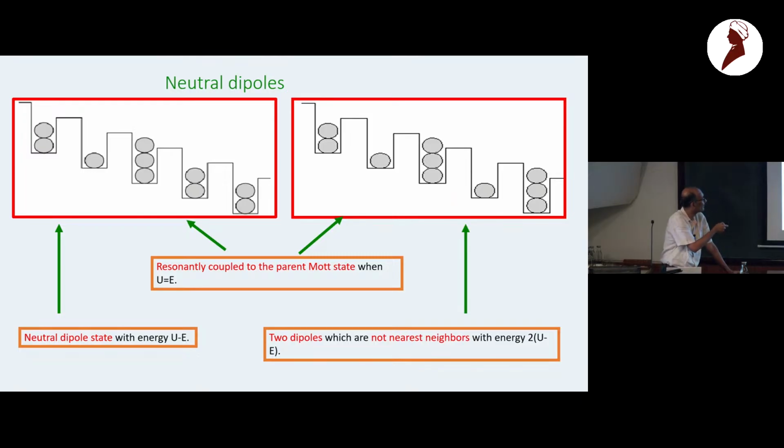So this combination, the hole and the extra particle, is essentially a dipole, a hole and particle combination with energy U minus E. And these are resonantly coupled to the parent Mott state when U is equal to E, because then it doesn't take much energy to create a dipole.